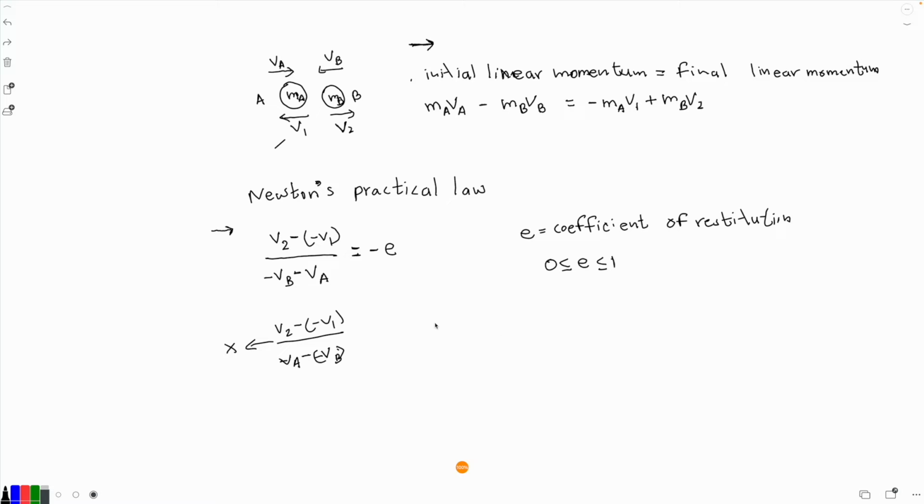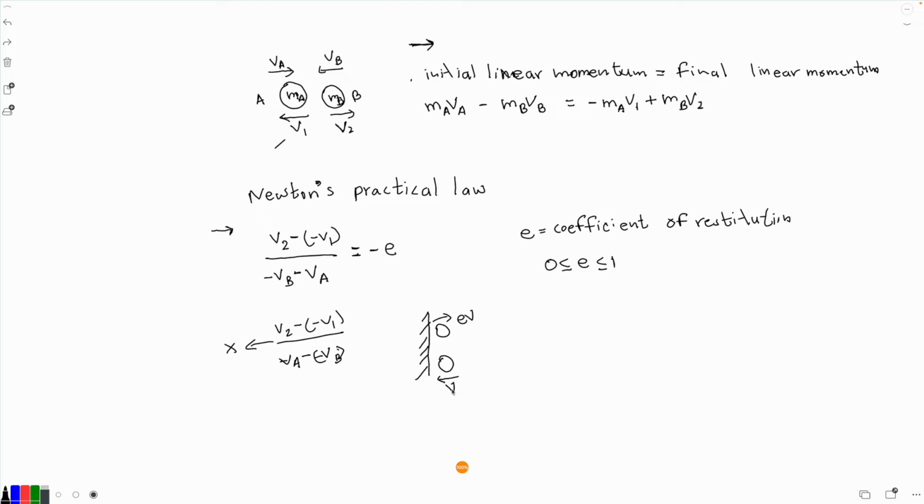But if something happens like this, the sphere is going to collide with a wall. The sphere comes with constant velocity v and collides with a wall where the coefficient of restitution is e. Then the sphere is repelled with velocity ev.